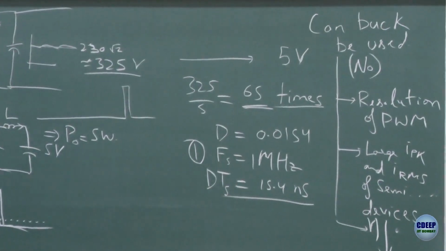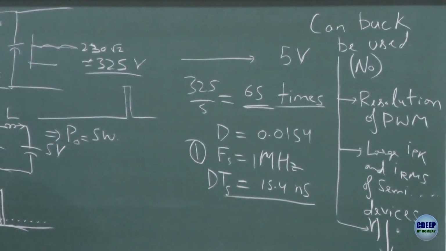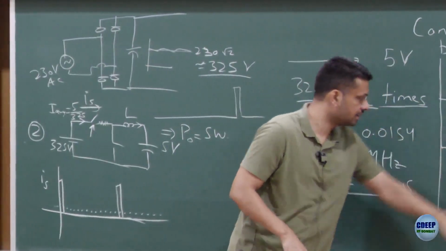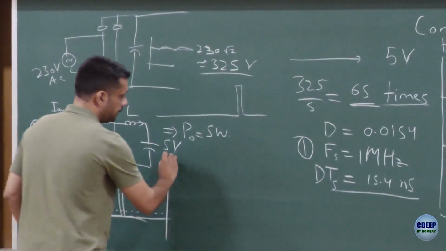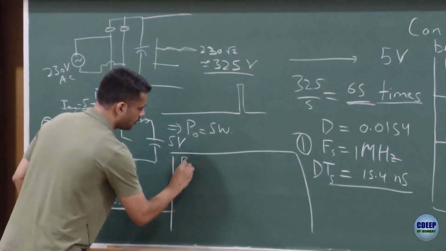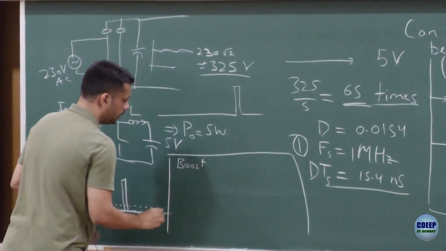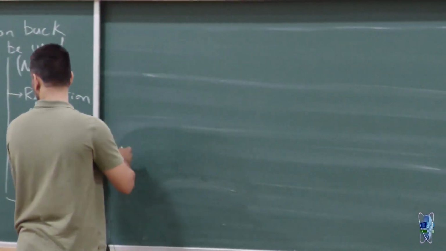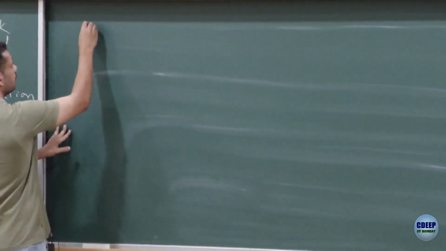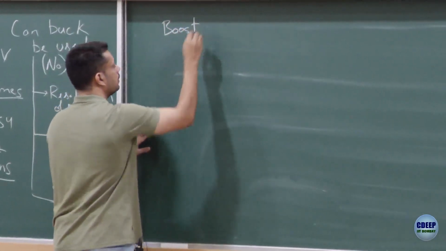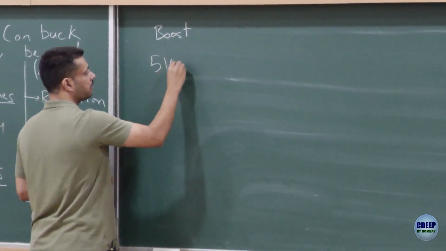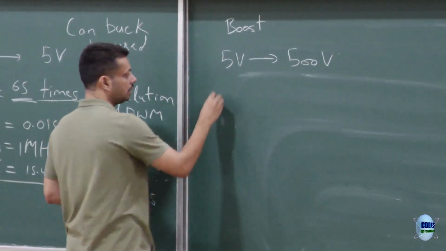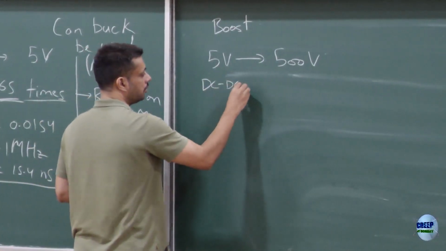Is that okay? There is one more problem with the boost converter, and let me just quickly tell you about that. If you want to do a boost hypothetically from 5 volt to let's say 500 volt, then one would not use a normal DC to DC boost converter.